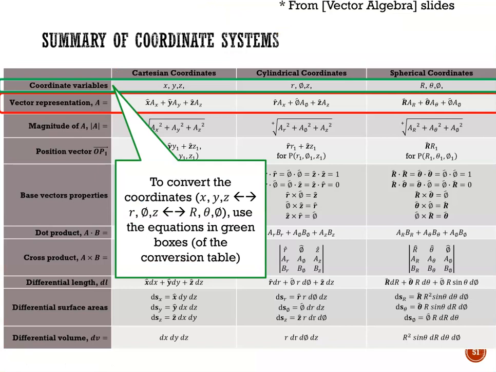Whenever you want to convert the coordinates, from x, y, z to r, phi, z, or from r, phi, z to R, theta, phi, or from R, theta, phi to x, y, z, either way, you can use the equations in the green boxes of the conversion table, which is the coordinate variable. Use the equation in the green box.